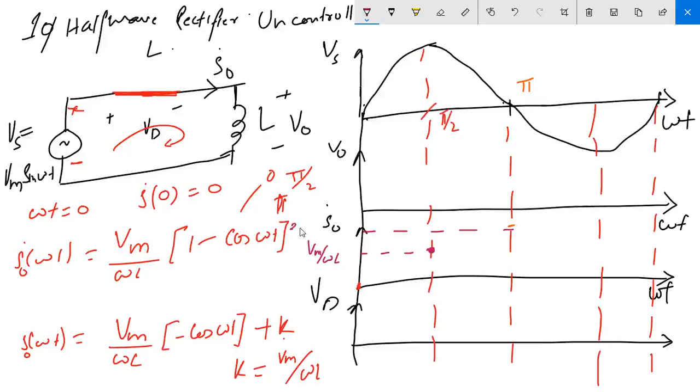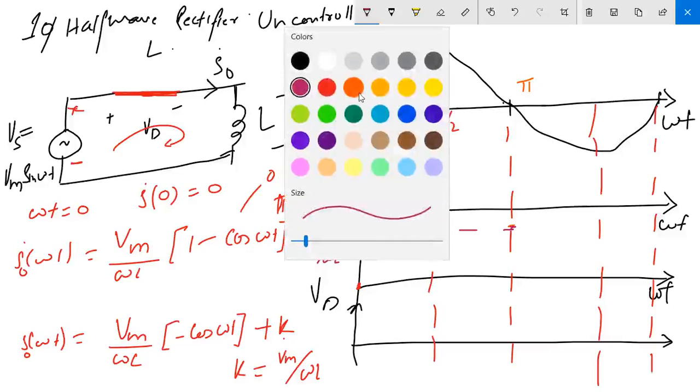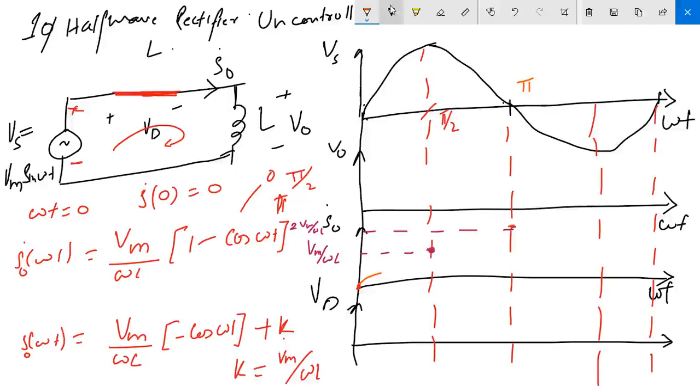So if you draw the waveform, you will get this type of curve. Join these points.